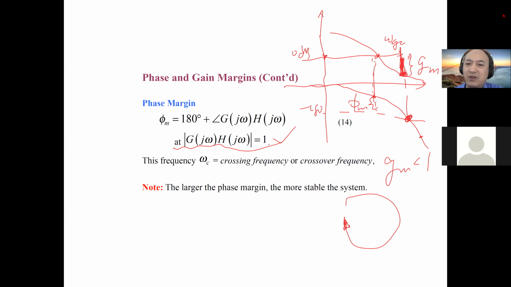So the thing here I write is called stable. The system is stable. The gain is less than 1 while you cross your sign. Does it make sense?